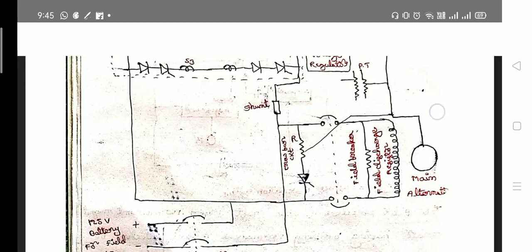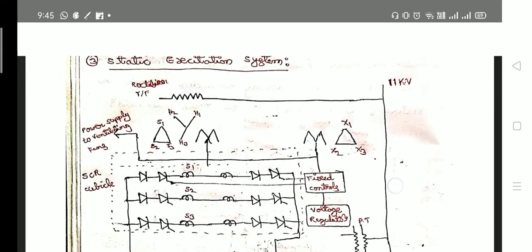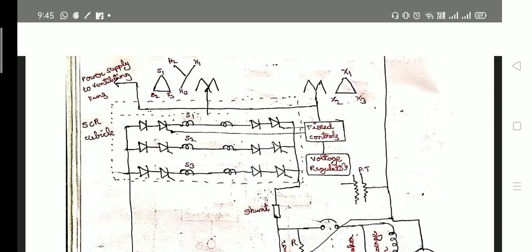And the main alternator is connected here to the rectifier transformer. Here we can feed the power grid control circuit and other electrical equipment. The system has a very small response time and provides excellent dynamic performance.